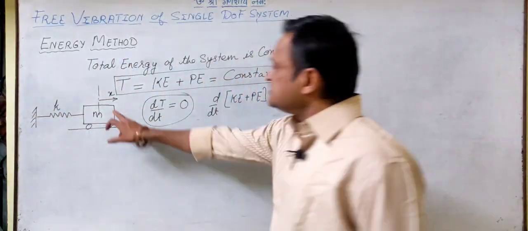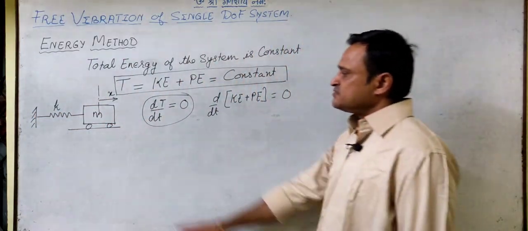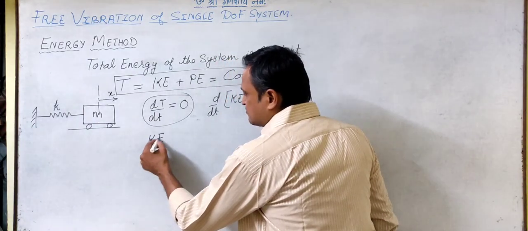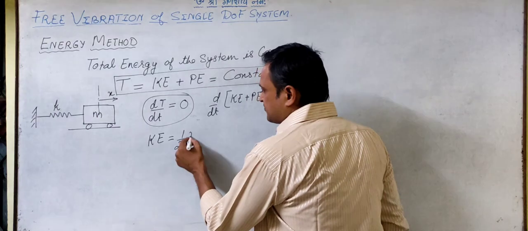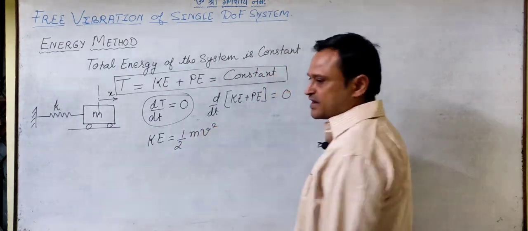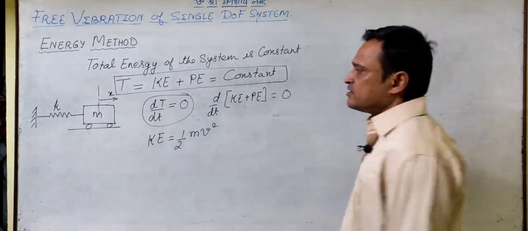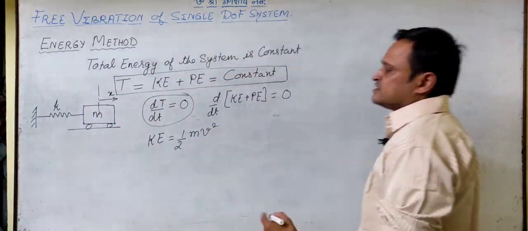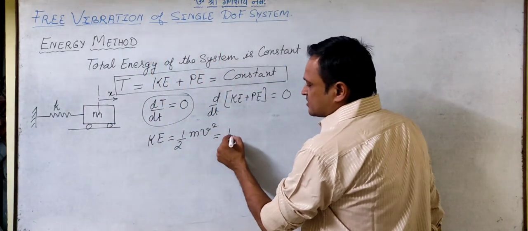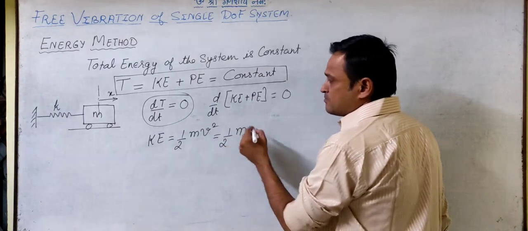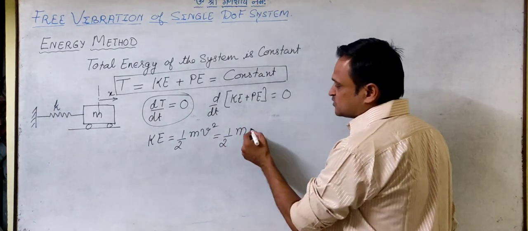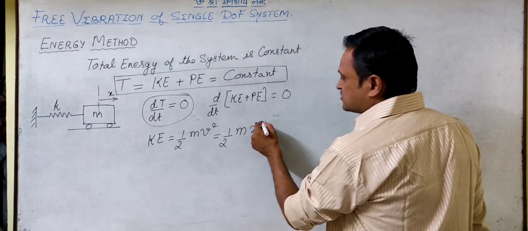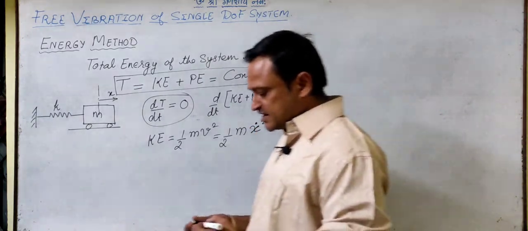Now for this system, the kinetic energy will be equal to half m v square. Or when the motion is linear, this is equal to half m x dot square, where x is the displacement and x dot is the velocity.